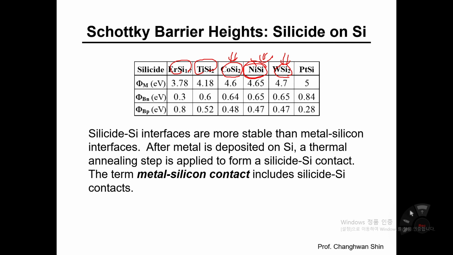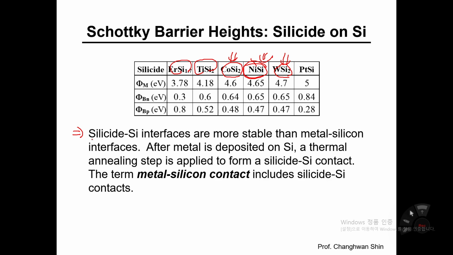So why? What is the physical origin and what is the main advantage of adopting the silicidation technique between metal and semiconductor? The answer can be found in the very first sentence here. Silicide silicon interfaces are much more stable than what? Than the metal silicon interface itself. Simply depositing the metal material onto the semiconductor cannot ensure good interface quality between metal and semiconductor.